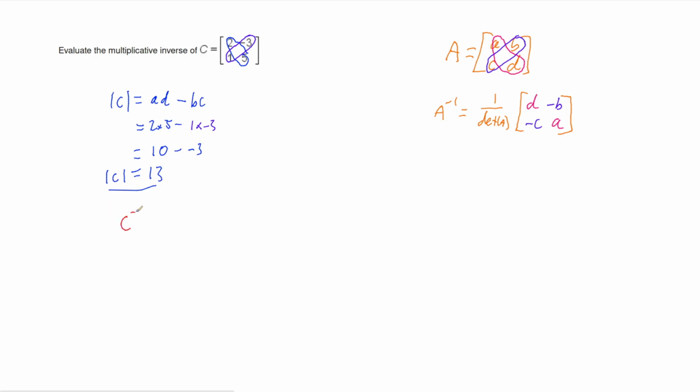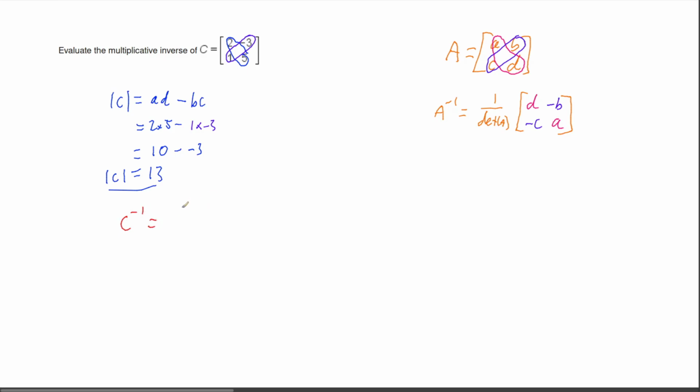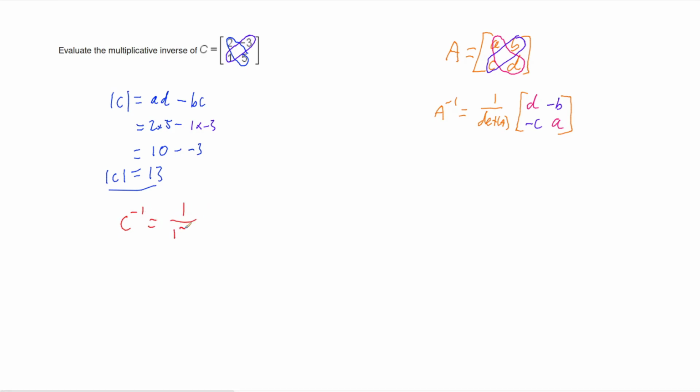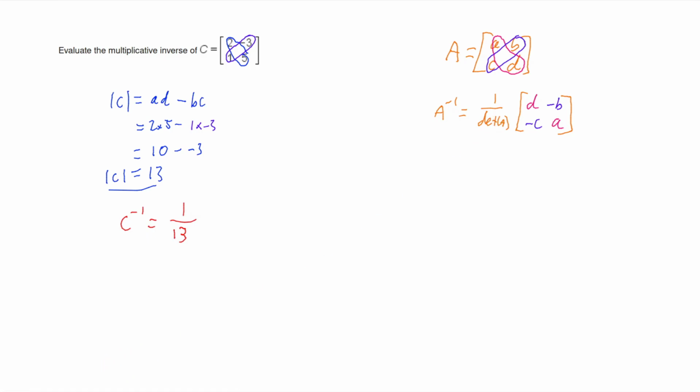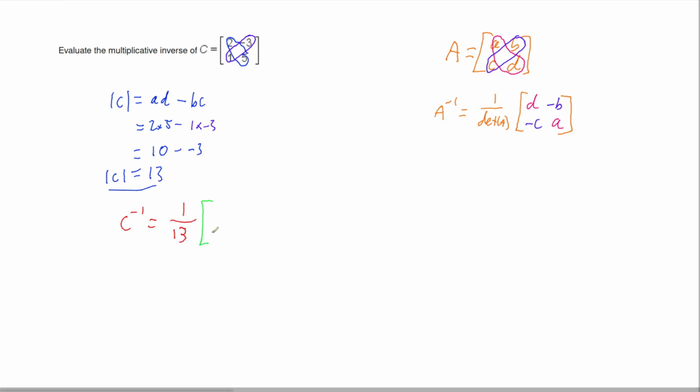So C to the negative 1 is going to be 1 over 13, 1 over our determinant, multiplied by that matrix here, but the adjoint version. So we take that 2 and the 5 and we swap them, and we get 5 up the top left and 2 down the bottom right.